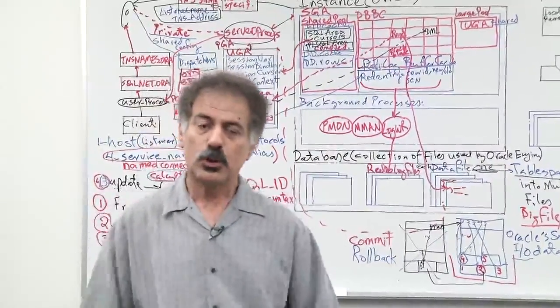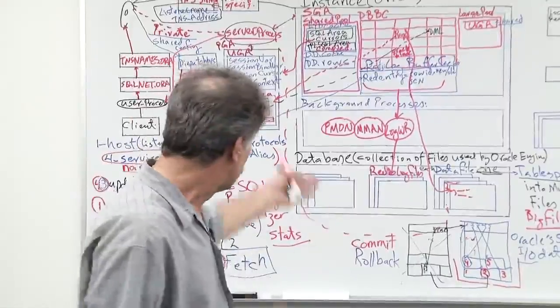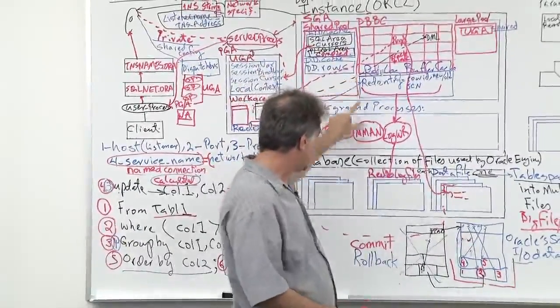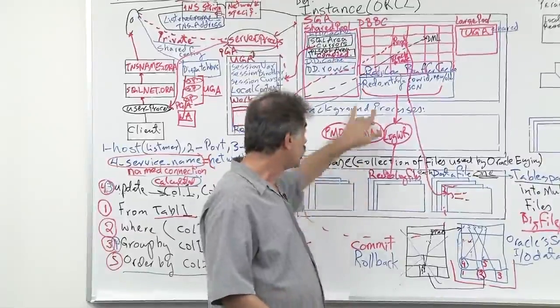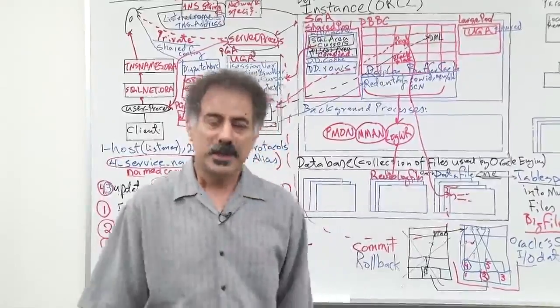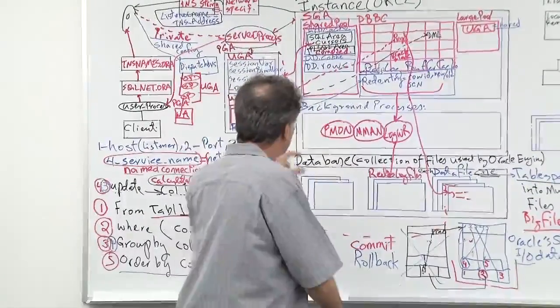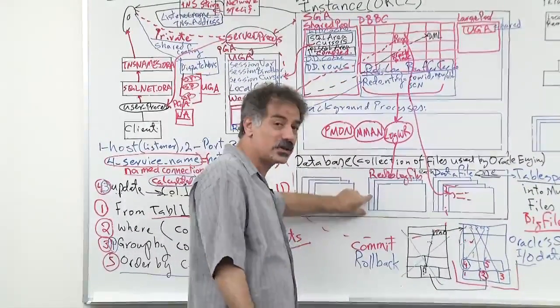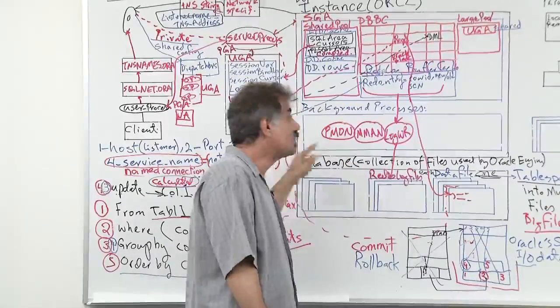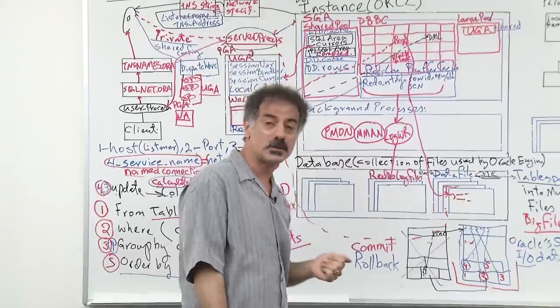Now, all of the redo that is here gets dumped because the redos are small. When one user says commit, it is going to take me the same amount of time to dump this whole redo onto the disk versus going in there and finding that one redo for the user that said commit to put it onto the disk.